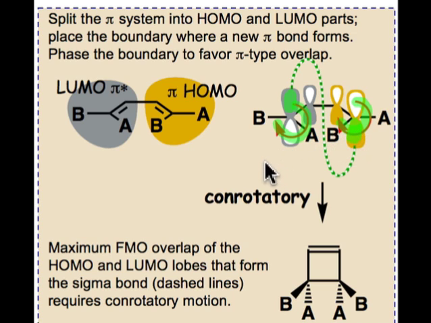Very early on, it's making a pi-type interaction, and obviously as the reaction progresses, it evolves into a sigma-type bonding. And so the conclusion that we reach is that both of these terminal positions must rotate in the same direction, and we have the case that the conrotatory pathway is followed for this 4-pi electrocyclic ring closing process. Remember, the 4-electron ring opening reaction also went by the conrotatory process, and so you can see that these reverse reactions go by the same pathway.